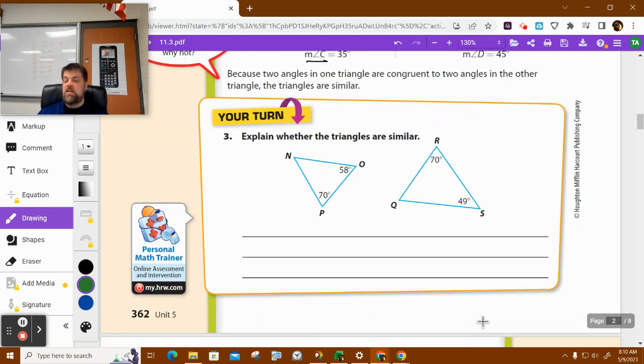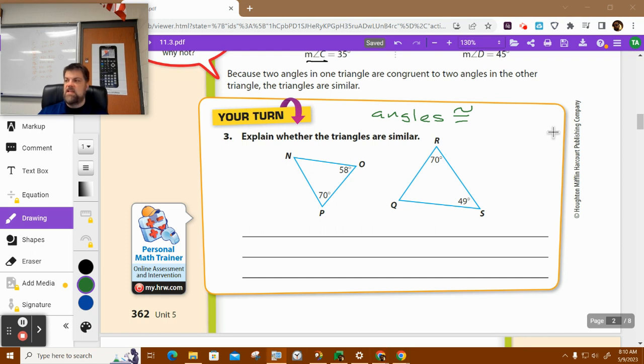Now, the reason I say this is because in example 3, or question 3, we have to prove whether these are similar or not. So that means the first thing we want to see is if the angles are congruent, right? So over here for this one, in order to find this, I'm going to say 180.